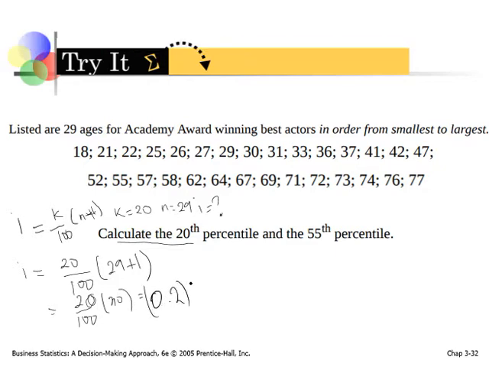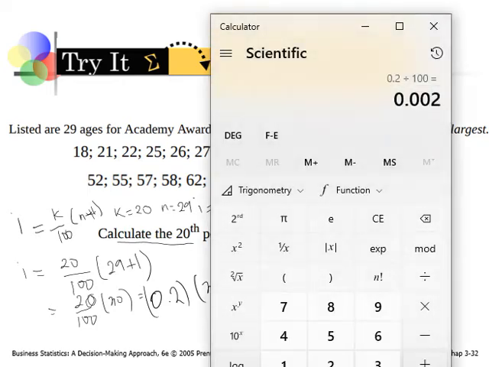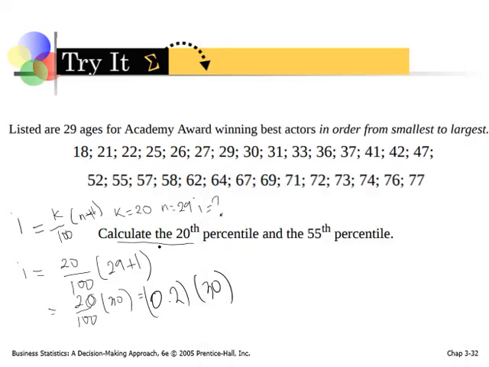Then 0.2 times 30 is 6. Okay, so the answer for this one is 6.